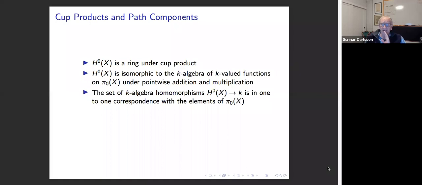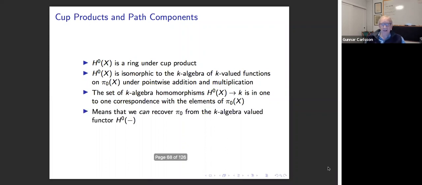Now it turns out, therefore, that the set of K algebra isomorphisms from H upper 0 of X to K is in one-to-one correspondence with the elements of pi naught of X. This means that we can recover pi naught from the K algebra valued functor H upper 0. So while we could not get at the components just from the vector space structure, we can get at pi naught if I include the cup products computed on H upper 0.